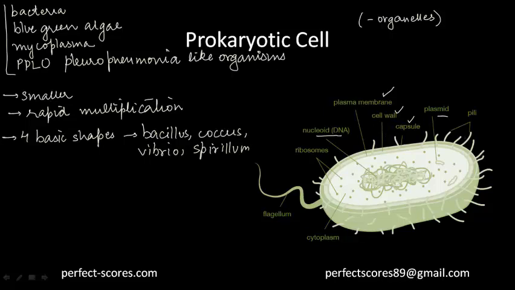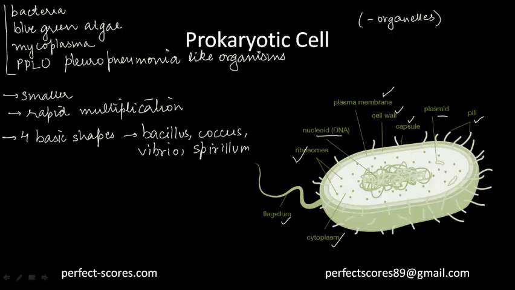And here you can see it's all jumbled up, there's no membrane. Ribosomes are present. A flagellum is used for movement purposes by a wave-like motion. The central matter is called cytoplasm, and sometimes hair-like structures called pili are also present.